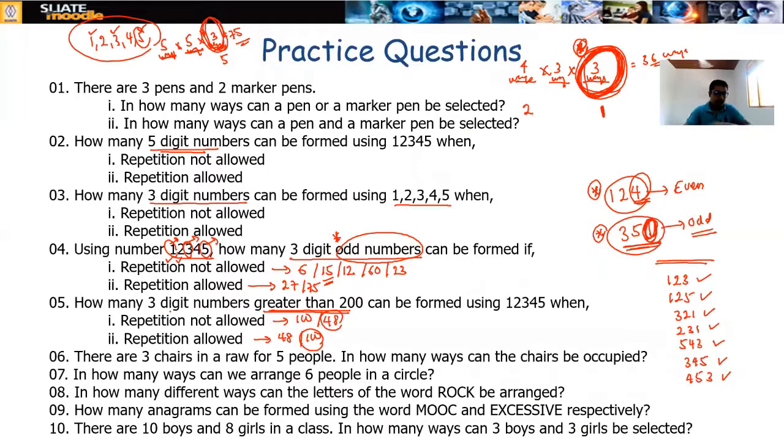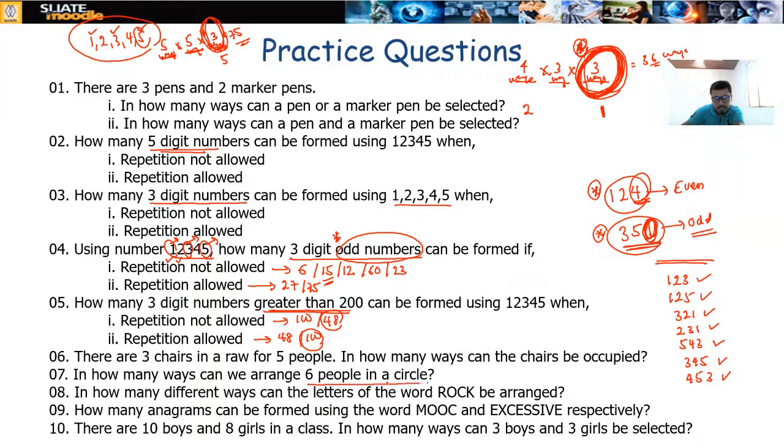Question number 7. In how many ways can we arrange 6 people in a circle? In example number 6, we arranged 3 people in a row. In question number 7, what if we arrange them in a circle? In how many ways can we arrange 6 people in a circle?